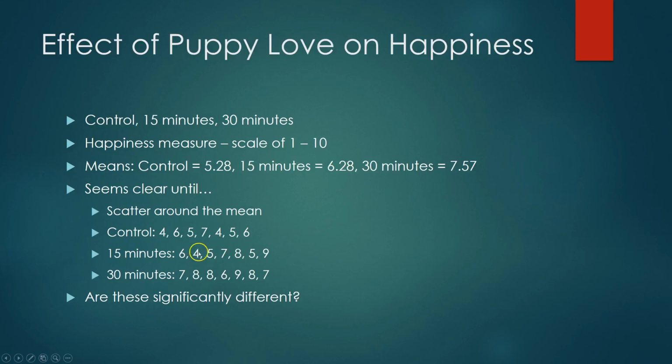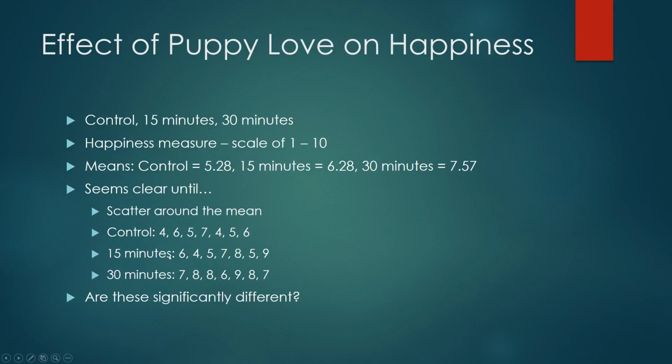The problem is when you look at this, the scores in the 15-minute group look an awful lot like the scores in the control group. So when we compare the control group to the 15-minute group, we probably aren't going to find that there is a statistically significant difference or that there was a significant impact of the intervention at 15 minutes.